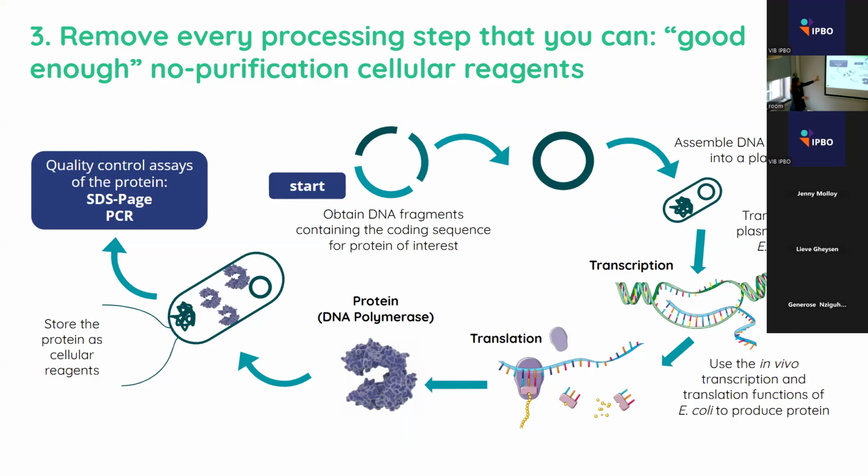But basically here, we get our DNA fragments, we put them together. Referencing our previous slides, we put them in our E. coli, and then we have transcription and translation. We get our protein, and basically we just leave it in there. So we leave the protein in the cells, we collect the cells, which we've just seen, scrape them off the plate.